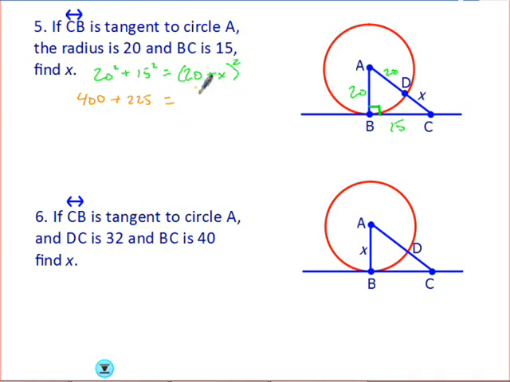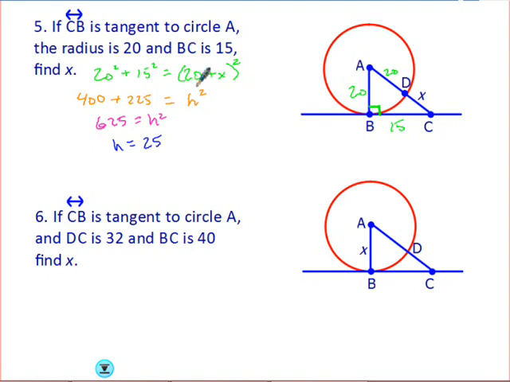I'm going to show you something. If I just thought of this as the hypotenuse squared, we'll add 400 and 225, and that gives us 625 equals h squared. And then the square root of both sides here is 25. So h equals 25.